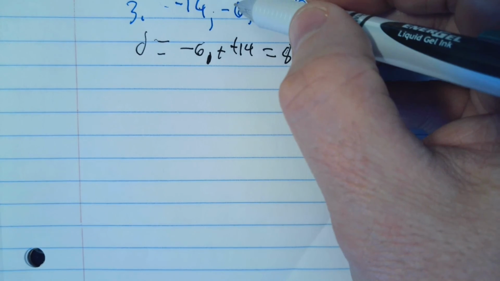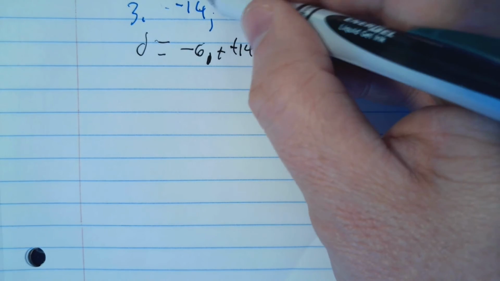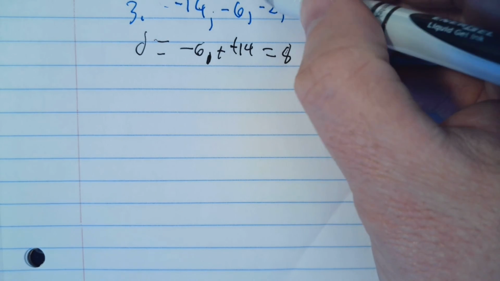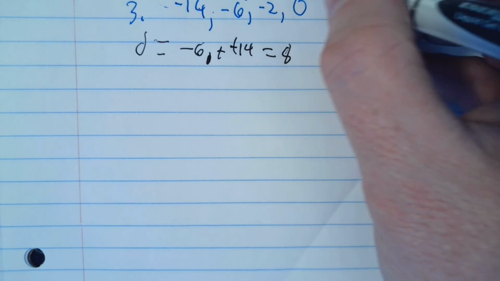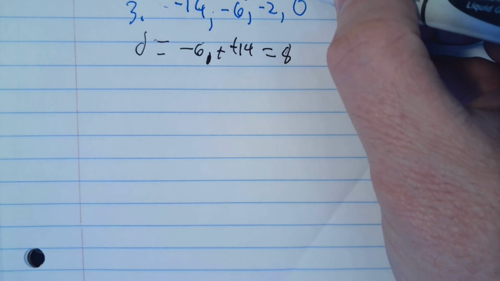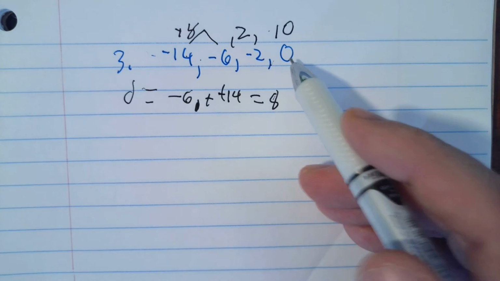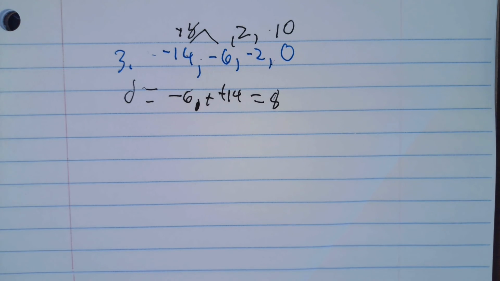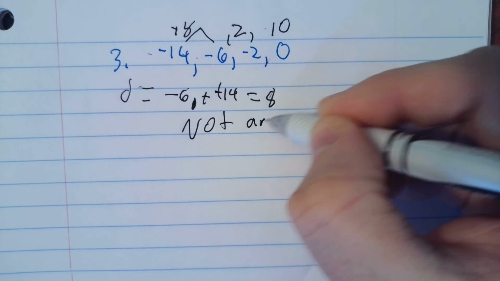So negative 14 plus 8 is going to be negative 6. Negative 6 plus 8 is going to be a positive 2. Positive 2 plus 8 is going to be a 10. So I guess that doesn't follow the right pattern. That doesn't follow the right pattern at all. So this would be not arithmetic.